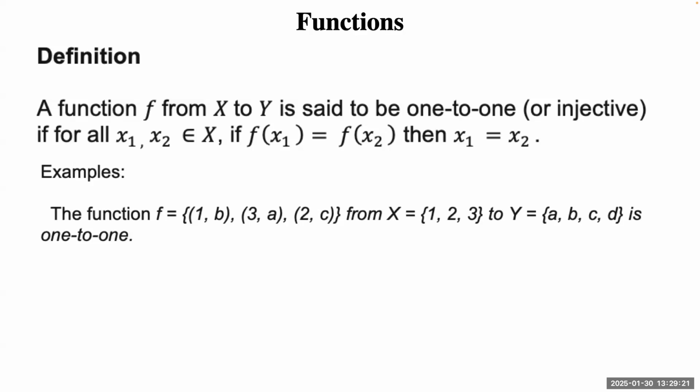Okay. So here's an example. Here's a function that takes X, 1, 2, 3, into Y, a, b, c, d. So here's a function: 1b, 3a, 2c. This function is one-to-one because every second coordinate only comes from one first coordinate.